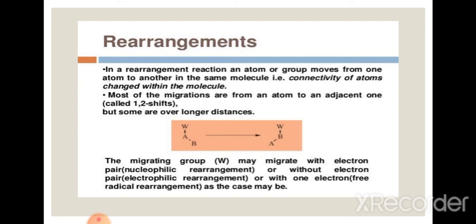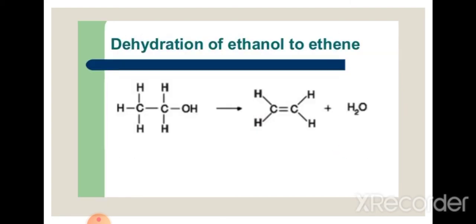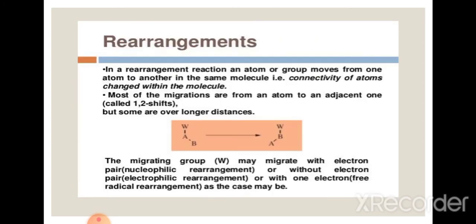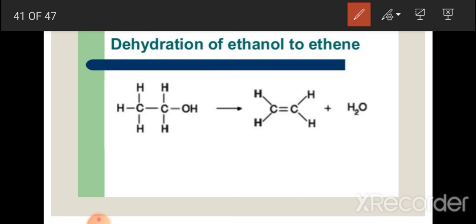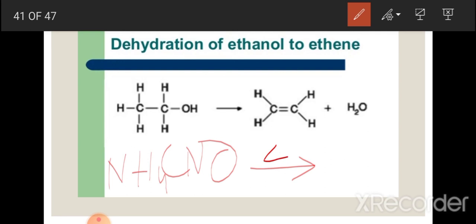A very simple example of a rearrangement reaction is ammonium cyanate. Just see the reaction I am writing. Ammonium cyanate, that is NH4CNO. When we heat it, it will be rearranged and it will give urea, NH2CONH2.